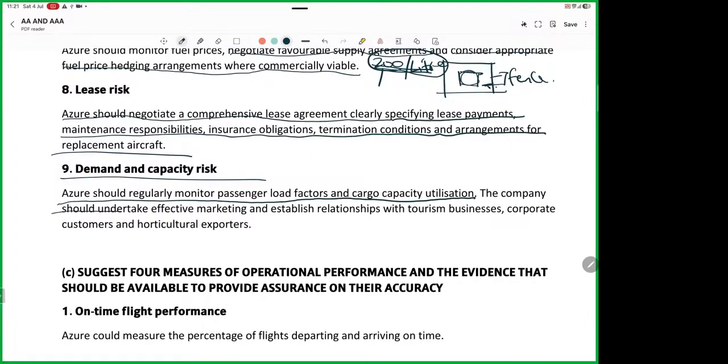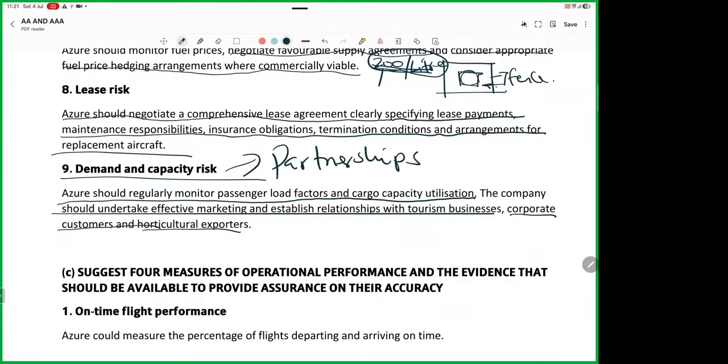The company should undertake effective marketing and establish relationships with tourism businesses, corporate customers, and horticultural exporters. The most important thing, ladies and gentlemen, now that you can't afford another aircraft, please enter into partnerships with other airlines. Whenever you have a higher demand than your capacity, you can easily sell out these customers, like what we now have under the KLM arrangement.